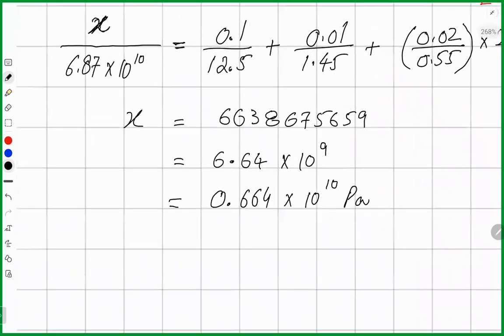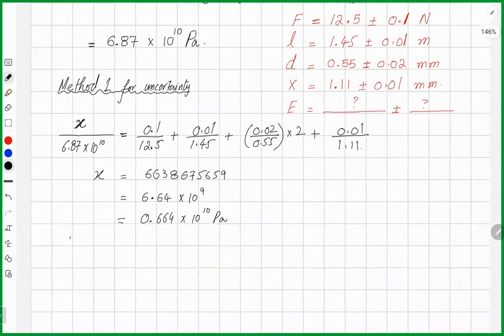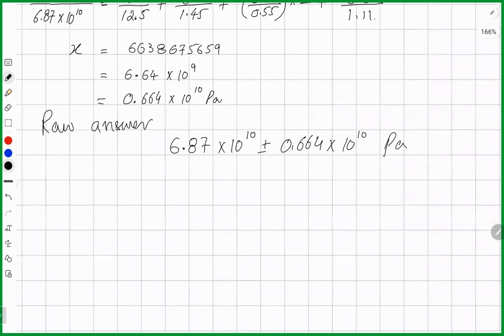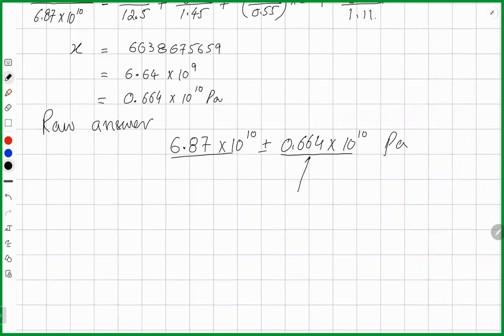So the raw answer that I'm getting is 6.87 into 10 to the power 10 plus minus 0.664 into 10 to the power 10 pascals. Now the thing is, we have some rules for the uncertainty and the quantity. Who can tell me the first rule about the uncertainty?